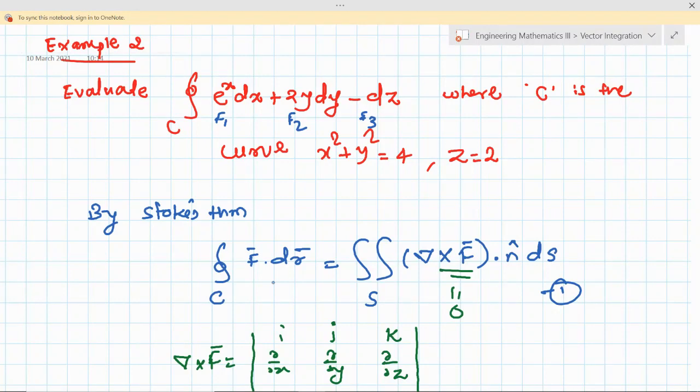Instead of just finding the line integral directly, there are some complications, because this function is not straightforward. Still, if you know the parametric equations of the circle, x is equal to 2 cos theta and y is equal to 2 sin theta, you need to substitute 2 cos theta in the power of e, and that might be difficult while taking the integration.